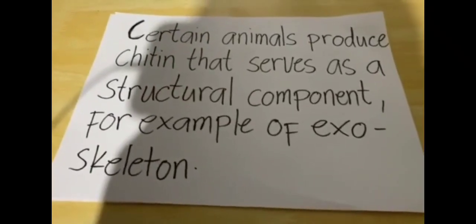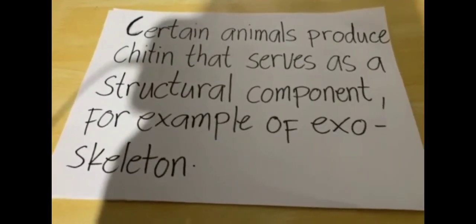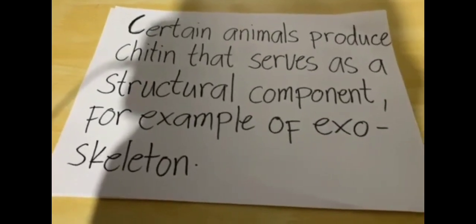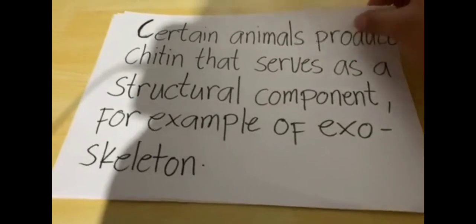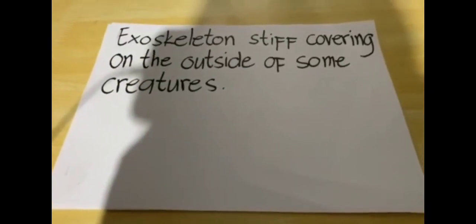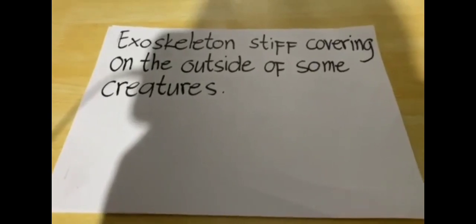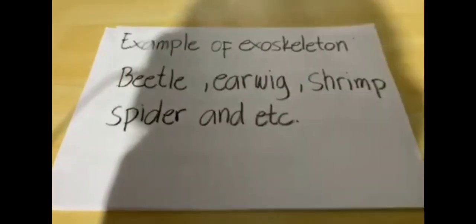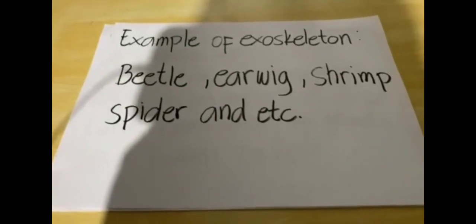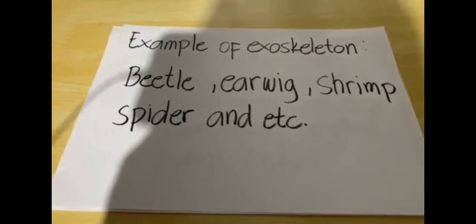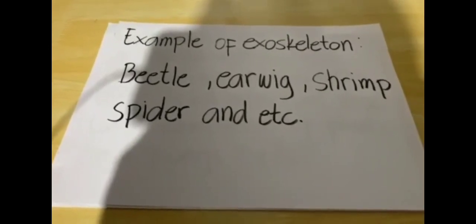Certain animals produce chitin that serves as a structural component, for example, of the exoskeleton. An exoskeleton is a stiff covering on the outside of some creatures. Examples of exoskeletons: beetle, earwig, shrimp, spider, and so on.